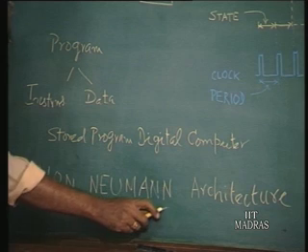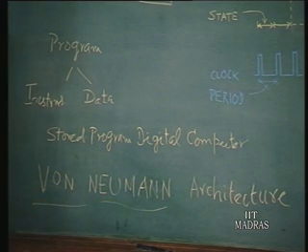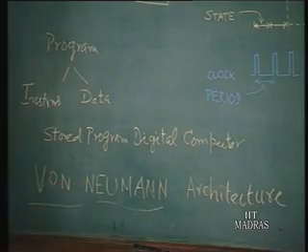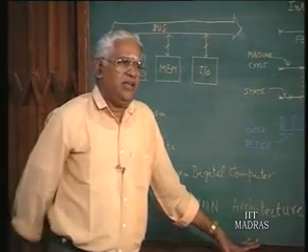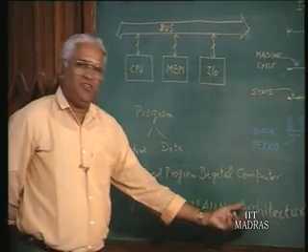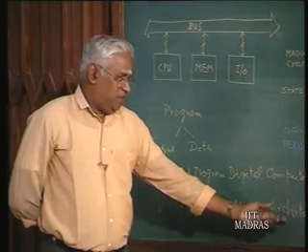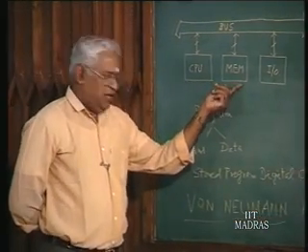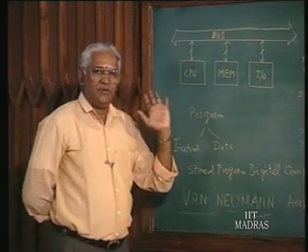In fact, this is a German name, so you have to pronounce it as von Neumann. And even today, 90 to 95% of computing systems are based on this architecture, in which we have a memory in which the program is stored and that is executed.